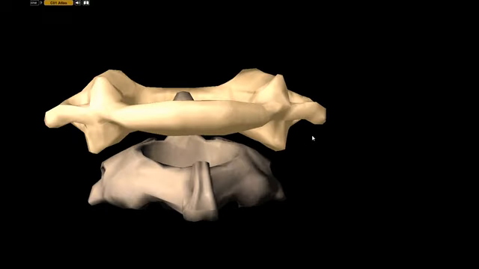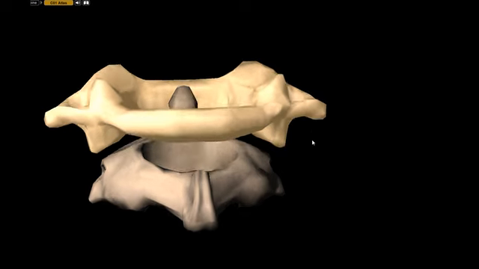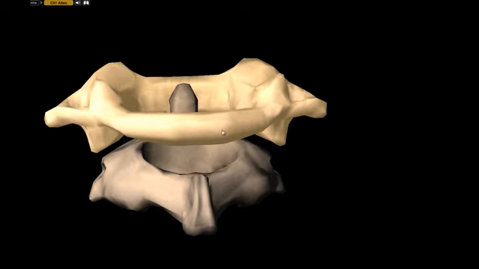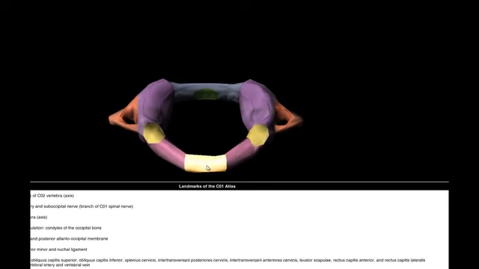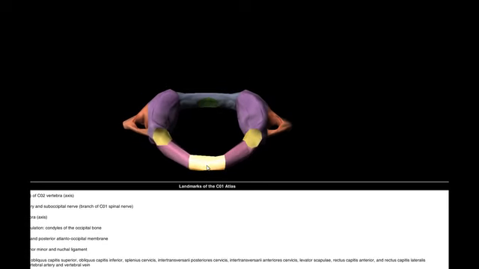Okay, now another consideration, another component that we can look at is a complete lack of a spinous process. So I can look and see that the spinous process is really just the posterior tubercle, and it's a spot for muscle attachment, as well as the posterior arches.